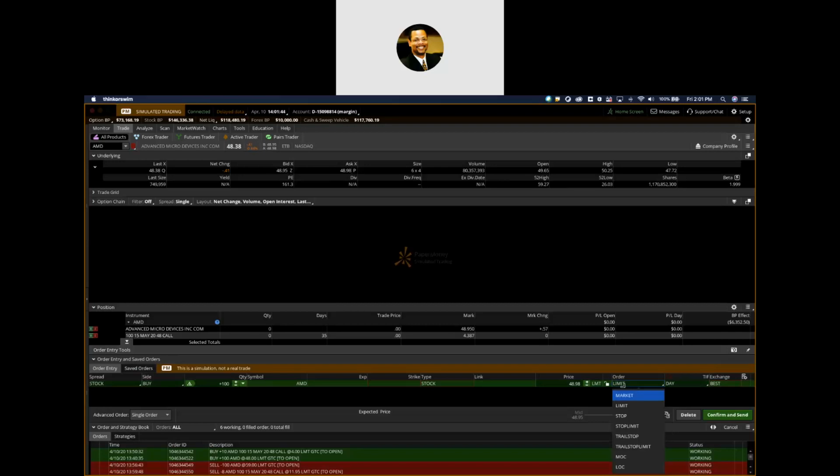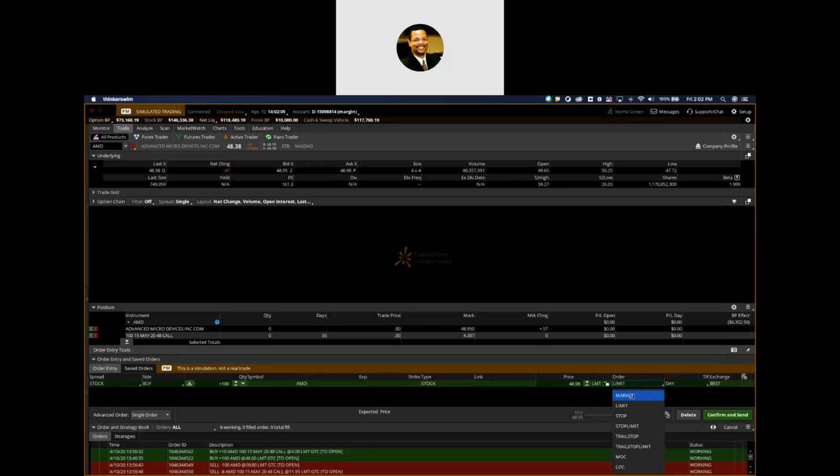Now, it can exit you a little bit higher, or it can enter you a little bit lower than the price that you identified, but it can never enter you higher than the price that you've identified, and it can never exit you lower than the price that you identified on a limit trade.